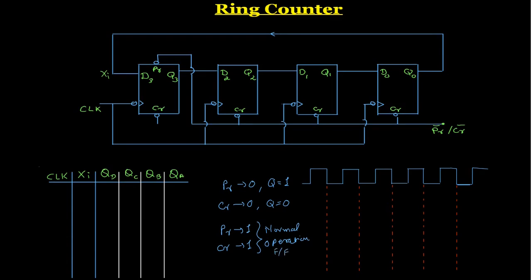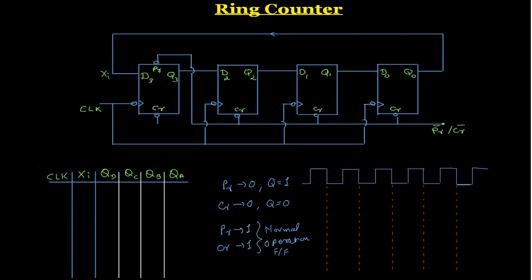Correct? So here if you look at this, the preset clear input is connected to the clear of the final flip-flop. It is also connected to the clear of the first flip-flop, the second flip-flop, and the same line is connected to the preset of the first flip-flop, that is the D3. So this common line is very important for setting the data.